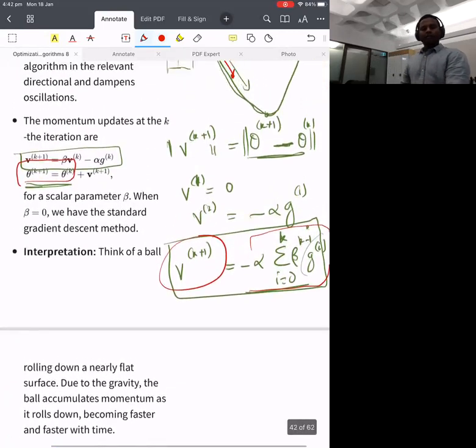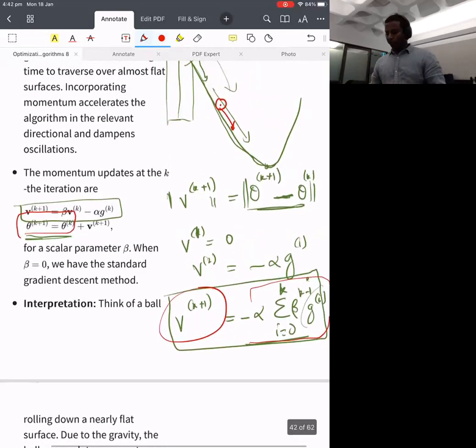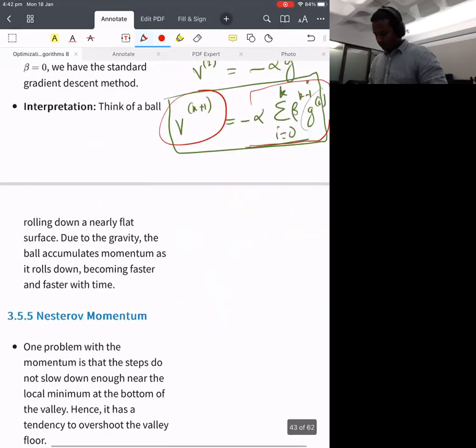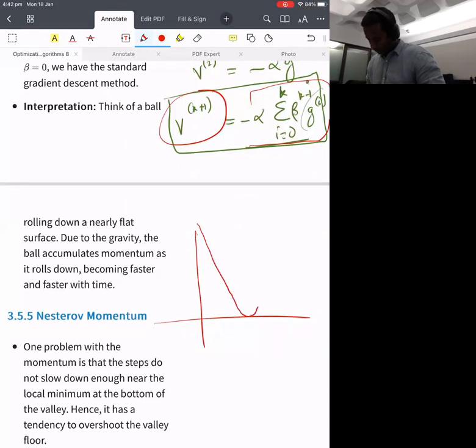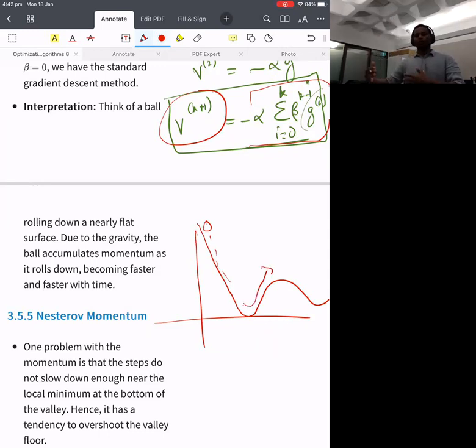But can someone say what could be the issue with this? What happens if you keep going? So if you have this function, it is nice and all. If the global minimum is like this, the ball comes and if it is traveling for longer, it will shoot up because it doesn't know where it is going.